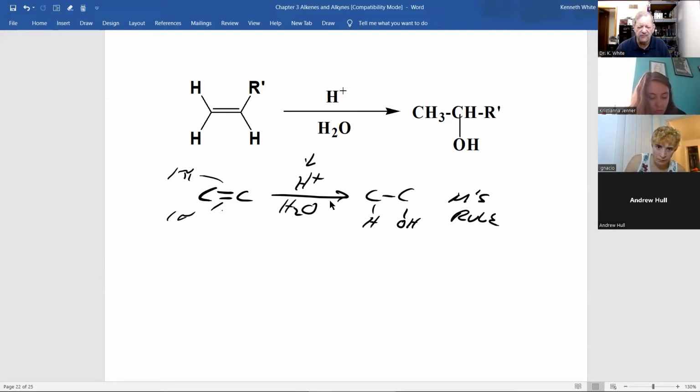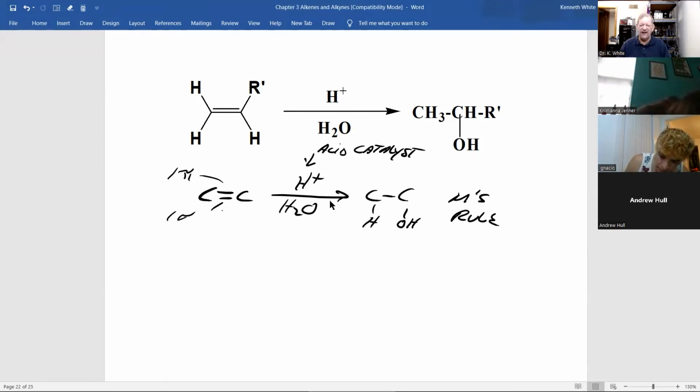And what is H plus? H plus means acid catalyst. A catalyst is something that makes a reaction go quicker, but is not consumed during the reaction. And H plus is the general way of writing any acid.